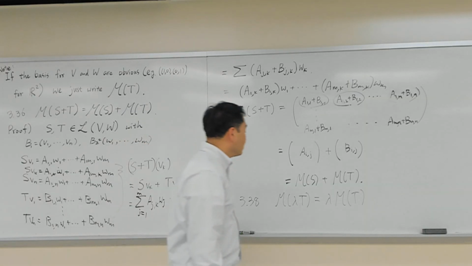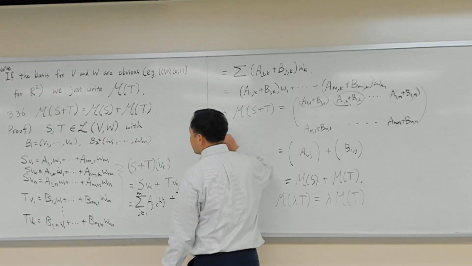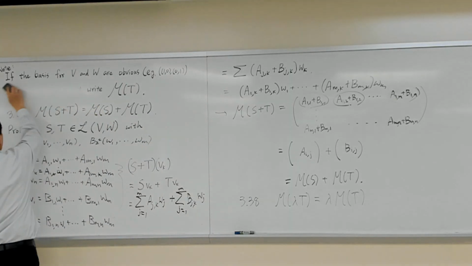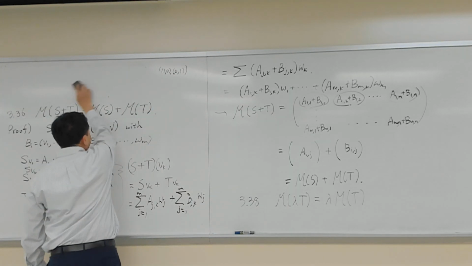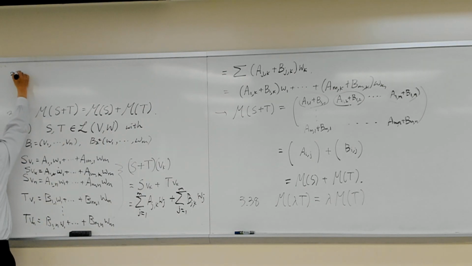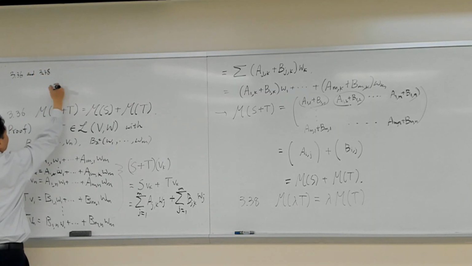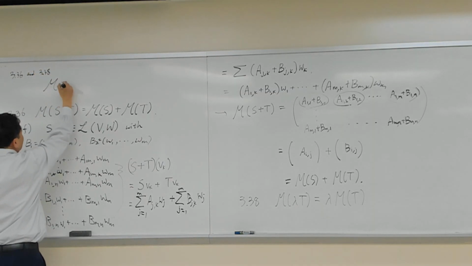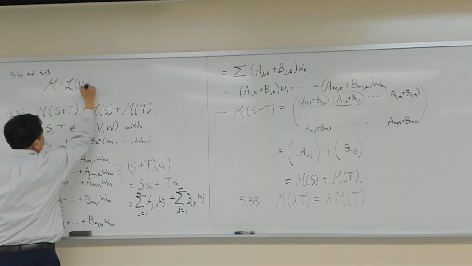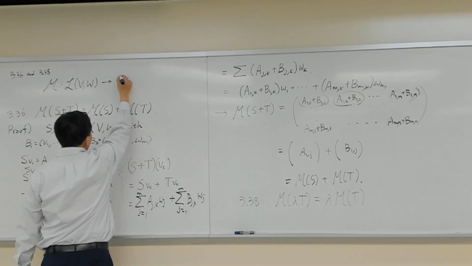So what 3.36 and 3.38 are saying is that M takes any linear map from V to W to the space of matrices.